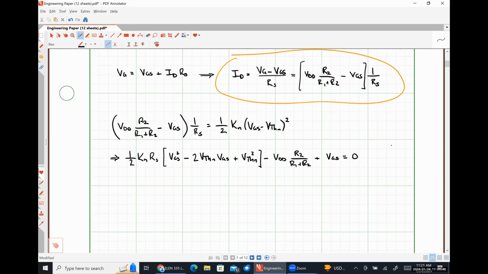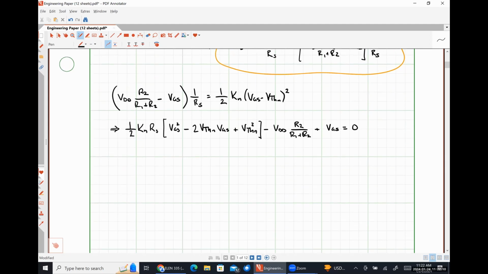And then here I have a polynomial, and it's a second order polynomial in VGS, right? So I have a VGS squared term over there, I have a VGS first order term here, and then I have a constant term. And so I'm just going to organize this equation in that way.